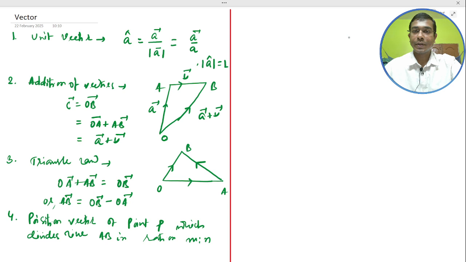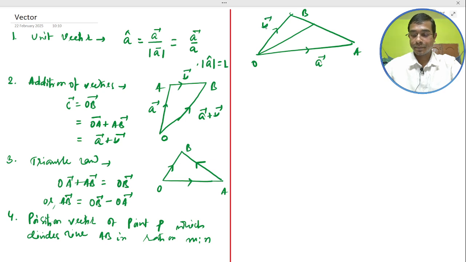Suppose here this is O, A and B. This is the A vector, that is the B vector. So this is P, the ratio m is to n.